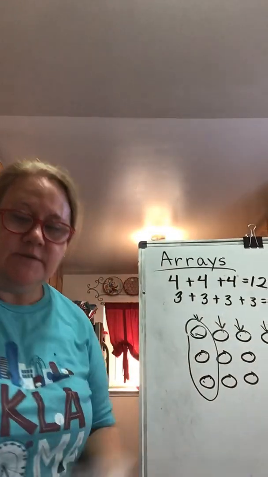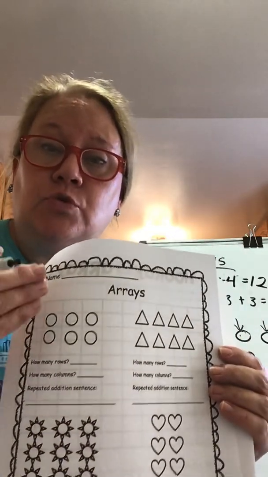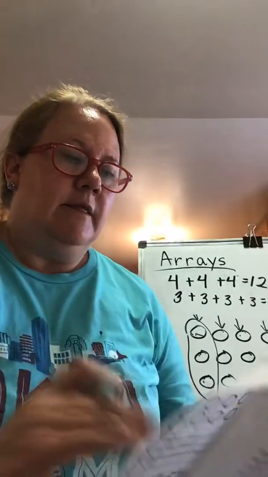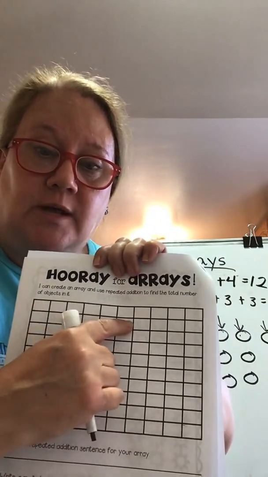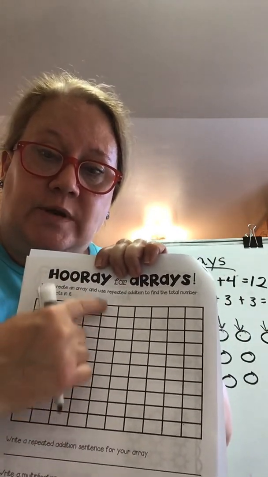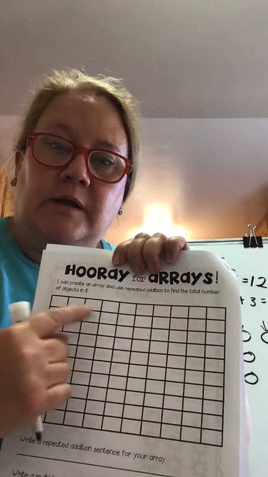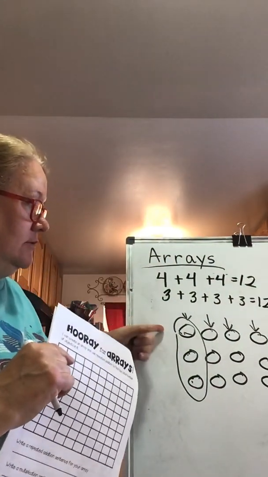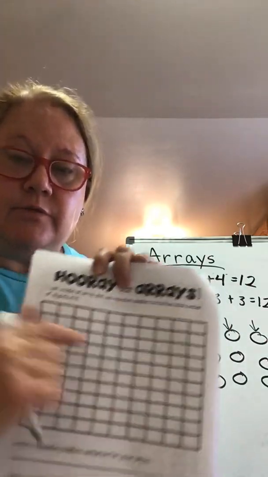Okay, on your math today, you're going to be telling me how many rows, how many columns, then choose a row or column and do one repeated addition sentence. Then on the back, create your own array. Remember, it has to have the same amount across and then going down. It doesn't have to be like 4 and 4, but it needs to be, for instance, the one we just did, 4, 4, 4, 3, 3, 3.